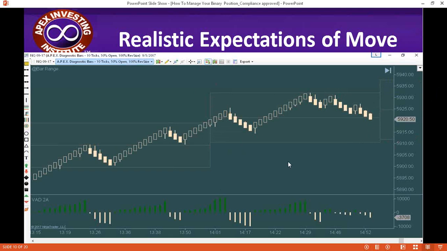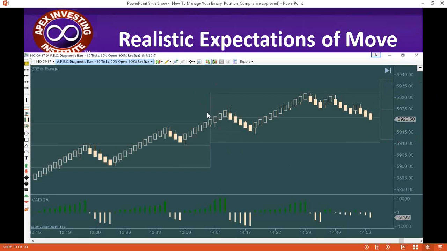What these boxes are, this is what we call our expected range indicator. It's an Apex proprietary indicator. It looks back at different months of the year, different weeks of the month, different days of the week, different hours of the day. Not to get all complex about algorithms, but it basically looks at the expected range of the market on this particular week of the month, day of the week, hour of the day.